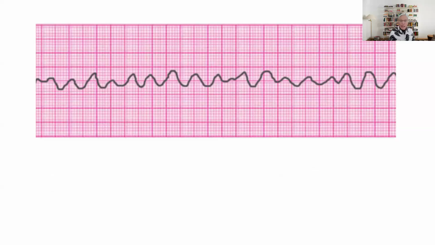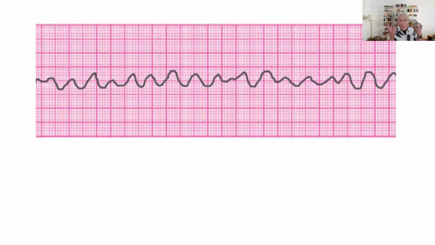Now there's another form of arrhythmia, which is a very bad form of arrhythmia. Can you identify a P wave? No. Can you identify a QRS? No, either. Can you identify a T wave? I don't know which one. Okay.